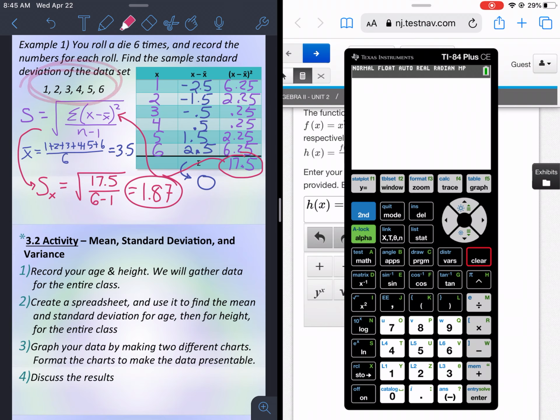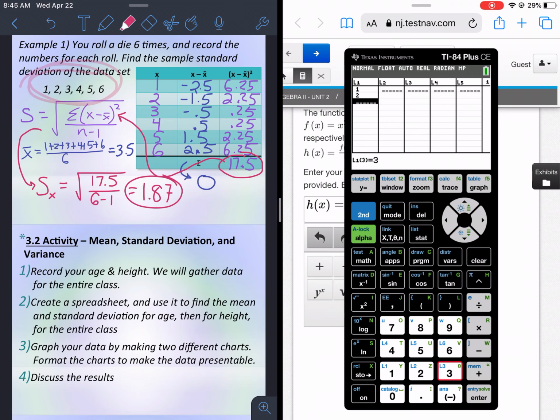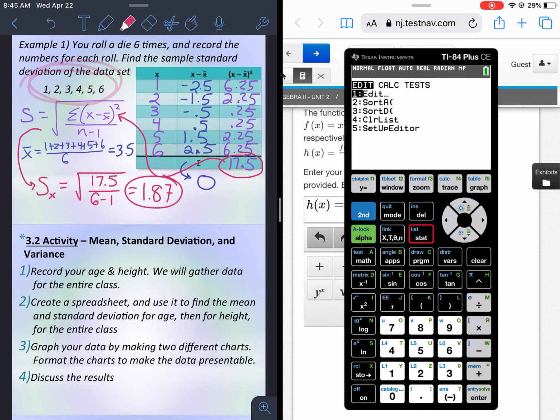So let me press Stat and then Edit. Put the data into the calculator. There's my list. And then I'm going to press that Stat button again. But this time, let's go to Calculate, and let's get one variable statistics. Really great function. Our values are under L1, and let's tell the calculator to calculate.